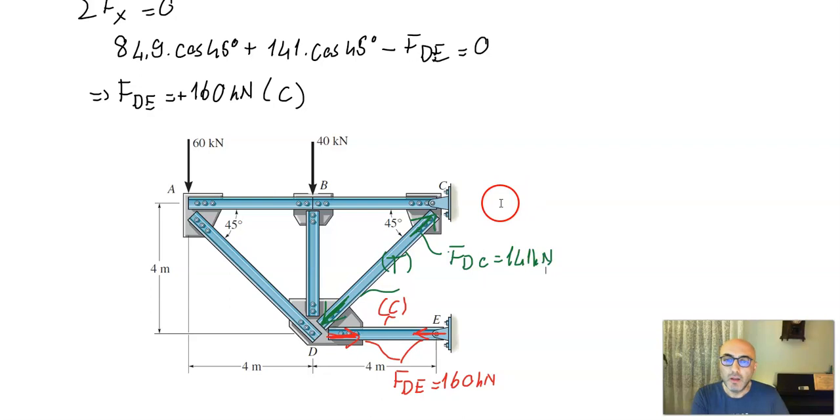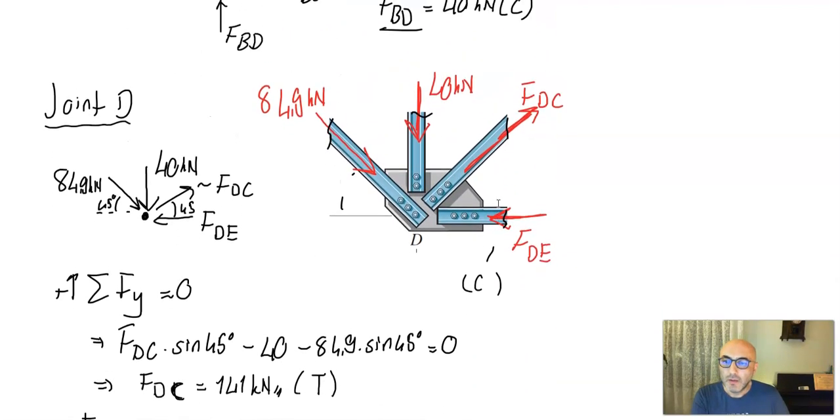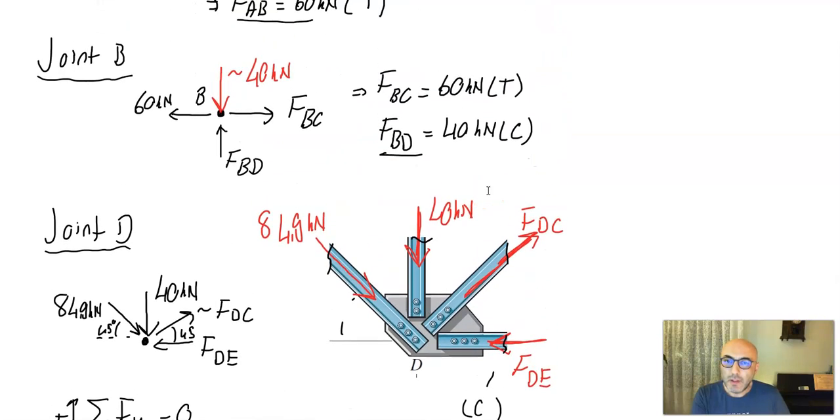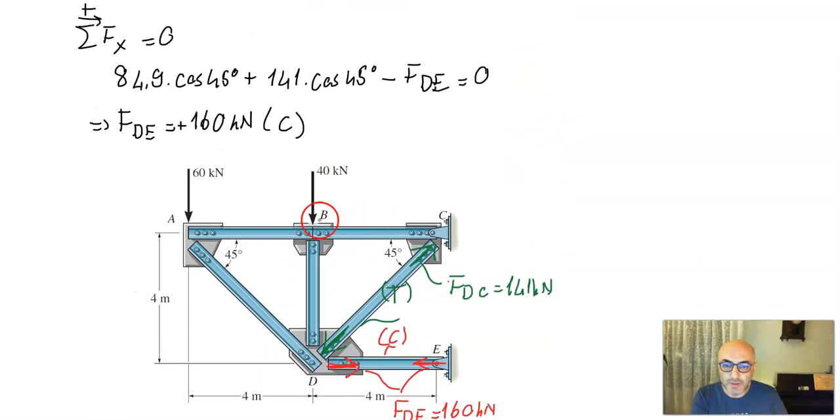Going up, I'm having FBC 60, and FBC is in tension, so this particular member is under tension, 60 kilonewton.